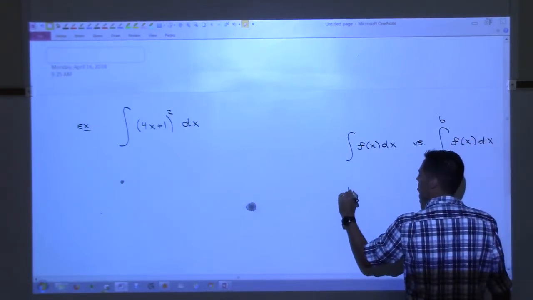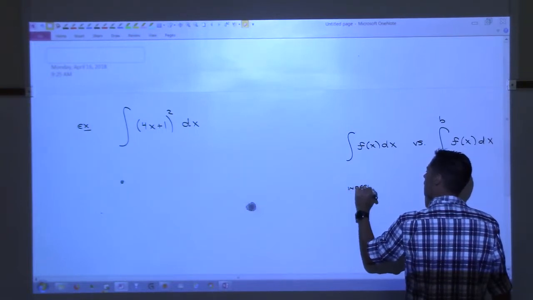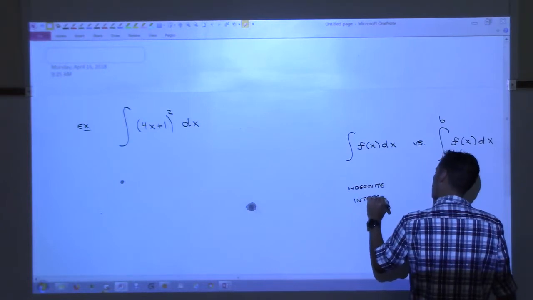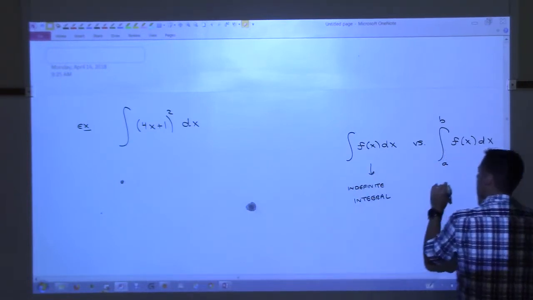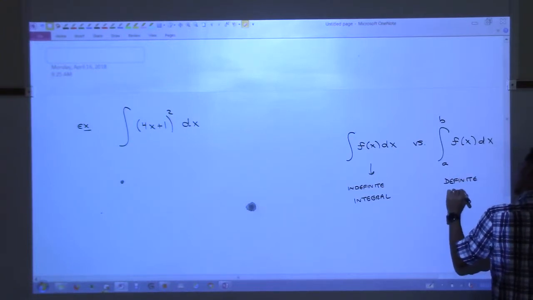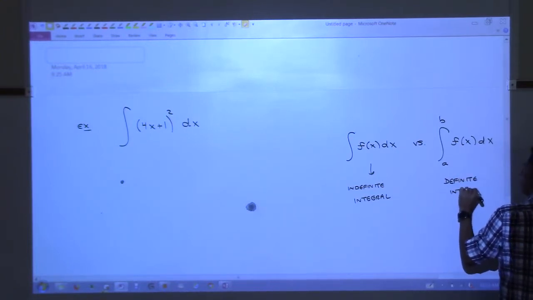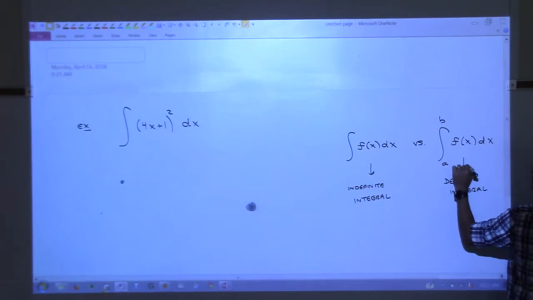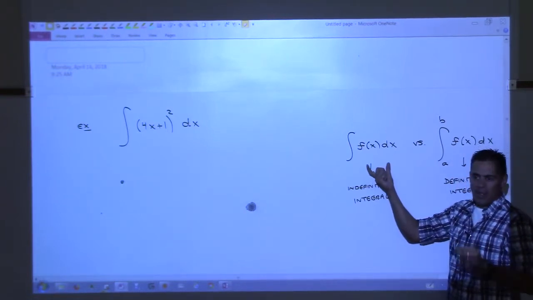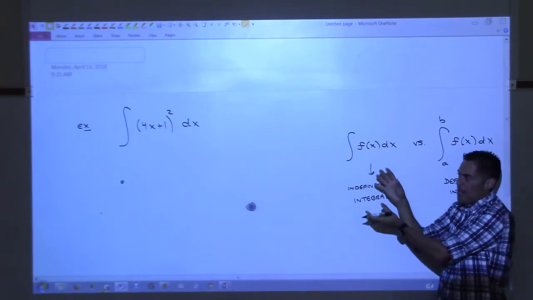This is called an indefinite integral, and this is called a definite integral. The way you can remember the difference between these is this gives you the antiderivative and then plus c, right? You have this big family of functions.